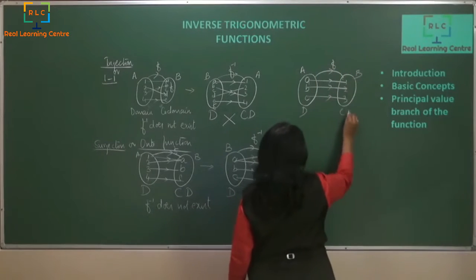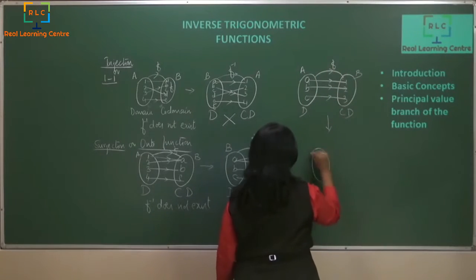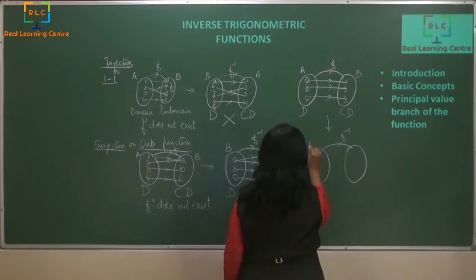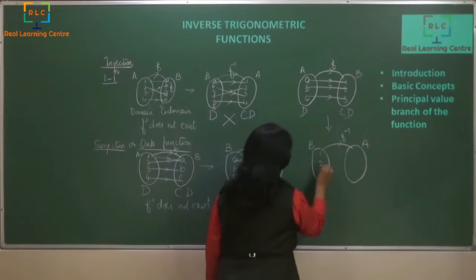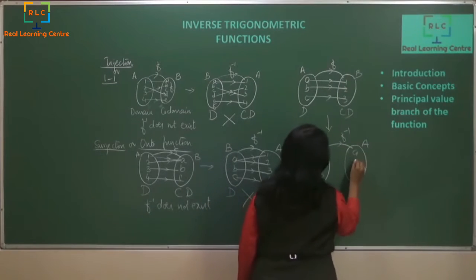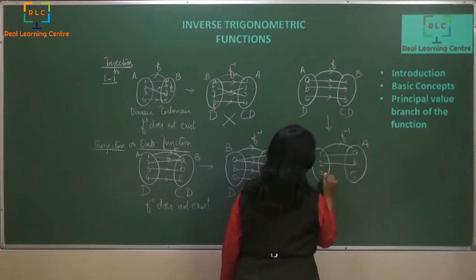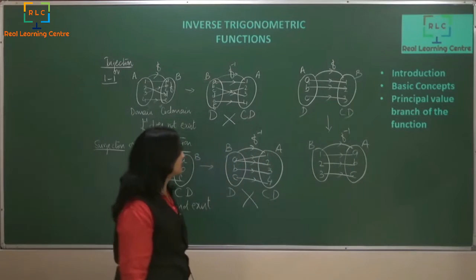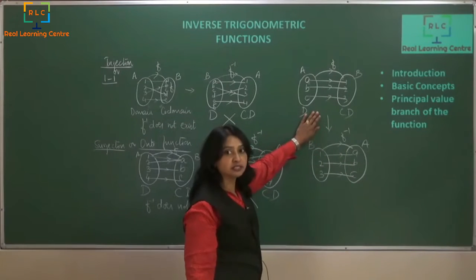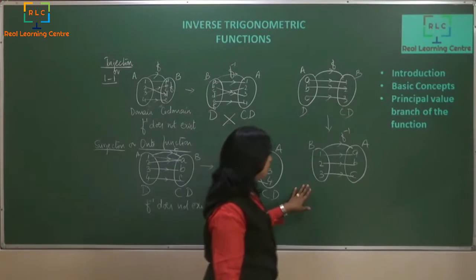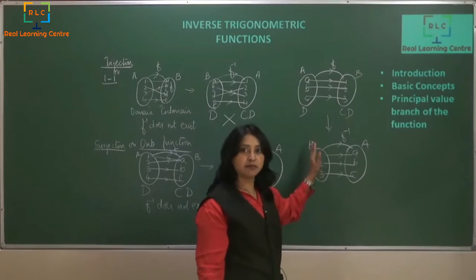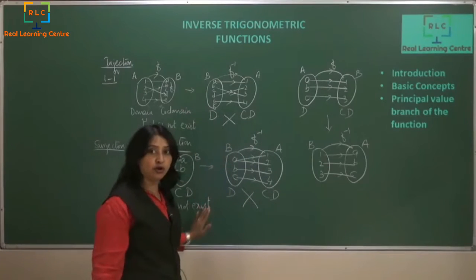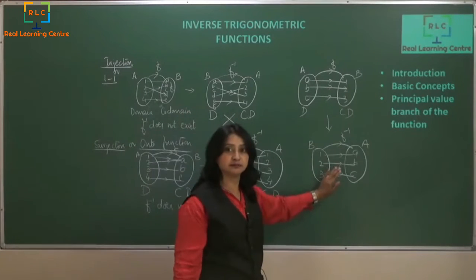This is domain and this is codomain, and I am trying to write its inverse, f inverse from B to A. Then B will have 1, 2, 3, A will have a, b, c, and the mapping is still the same. You can see that after writing f inverse for this function, they have an equal number of elements and the same mapping is done. Both the conditions of 1-1 and onto are satisfied here.